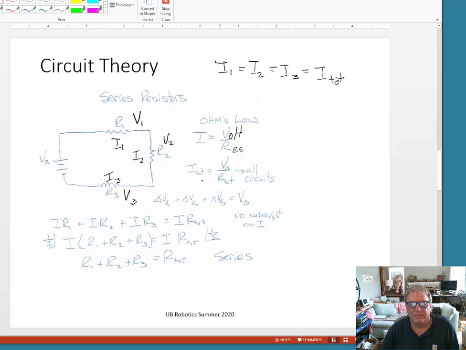Okay, let's see. We'll slow down a minute. I went a little too fast. We also know, by using Ohm's law, that I total equals the battery voltage over R total. That's always true for all circuits.